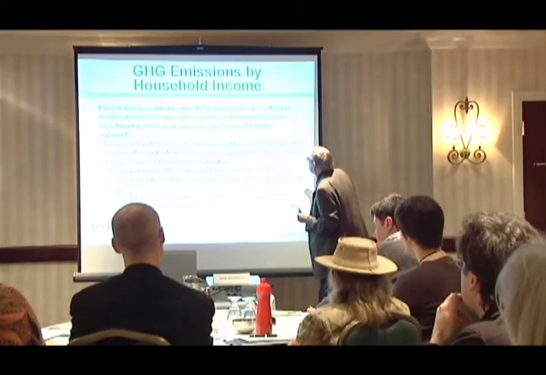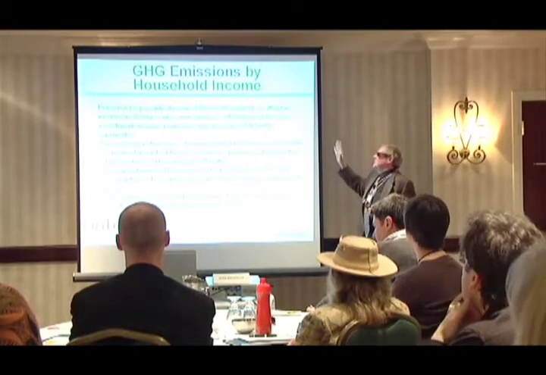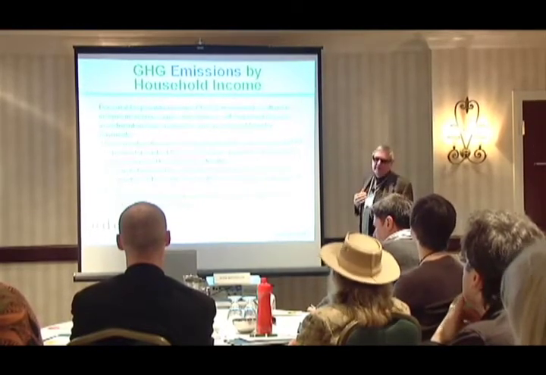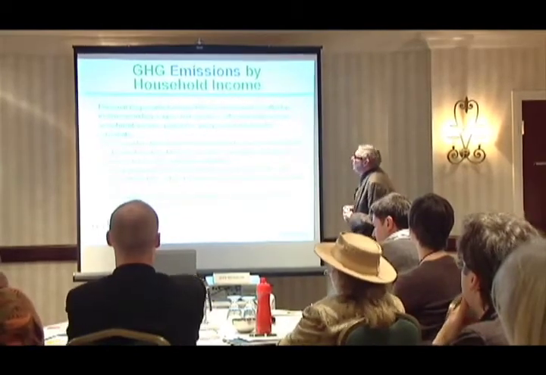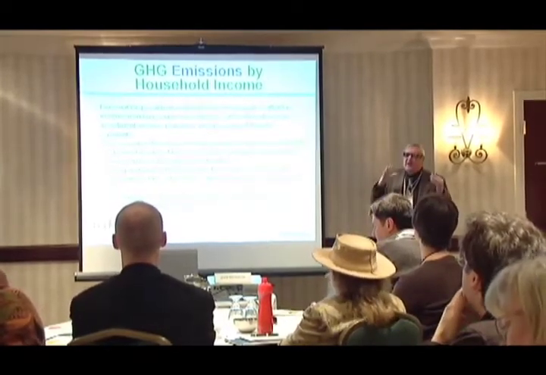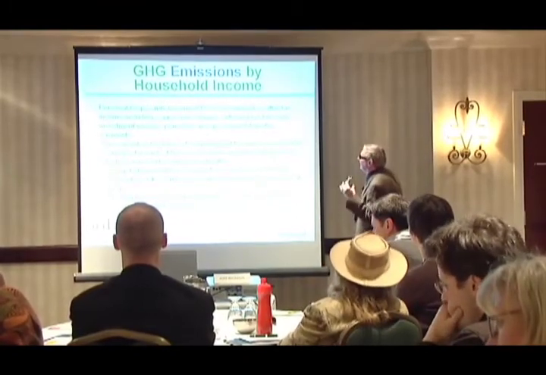Now, what do I have here? Just very quickly, I don't want to get into too much in definitions. When I talk about household income, I'm talking about household disposable income, which is after taxes, and it includes wages, salaries, self-employed income, pensions, investment income, government transfer income, and so forth. In other words, it's the money you have in your pocket to spend, or that you can borrow from.